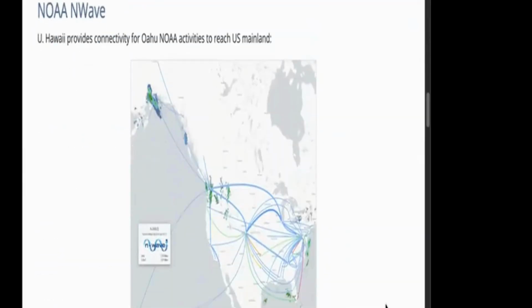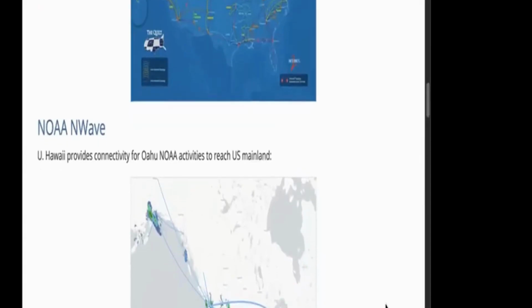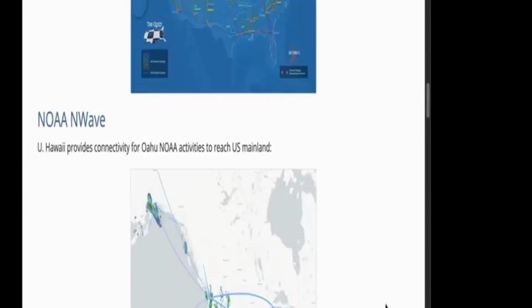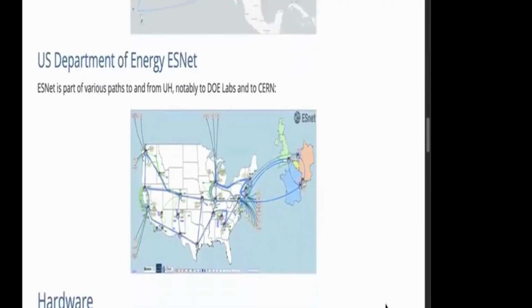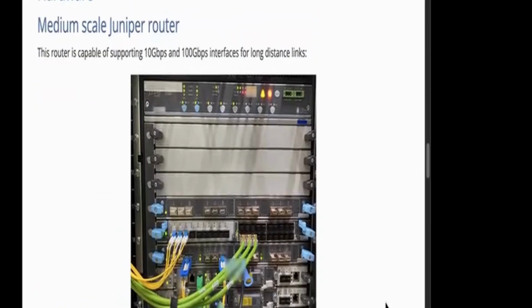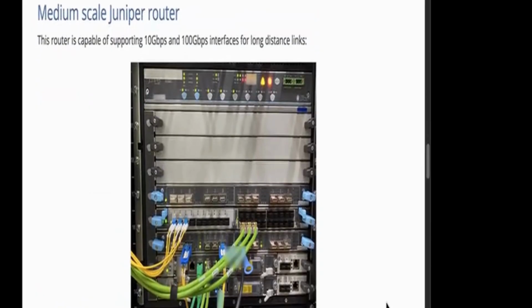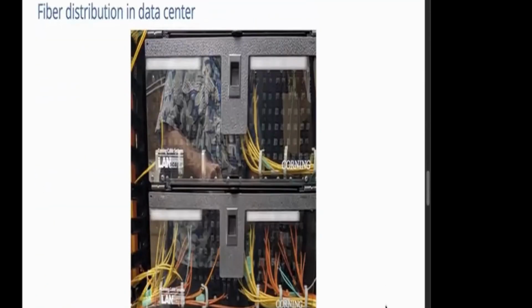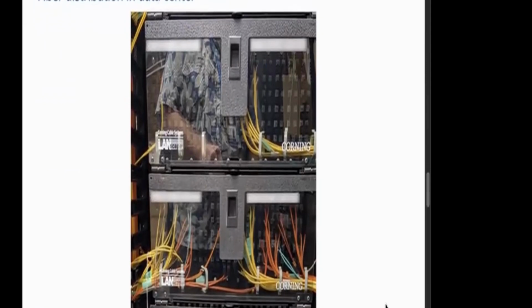So there's some other diagrams here. There's other networks that UH is maintaining. So there's the NOAA N-Wave, Department of Energy, and then we start to get some photographs of various routers that some of them, I'm not sure whether they're still in here or whether they're probably in the data center proper over in ITC.